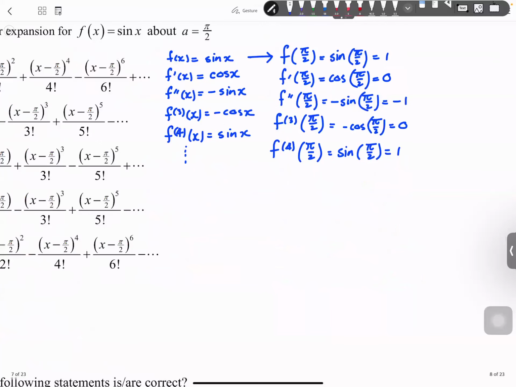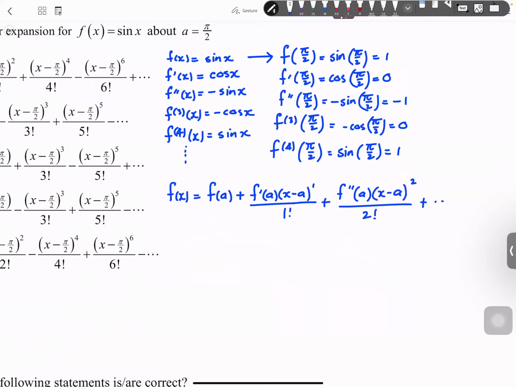All right, so now we need to plug in, and remember our formula for Taylor says f of x is equal to f of a plus f prime of a times x minus a to the power 1 over 1 factorial plus the second derivative evaluated at a times x minus a squared over 2 factorial, and so on. There's my formula, so let's plug in. f of x in this case will be equal to f evaluated at pi halves, which is 1, plus f prime of a.